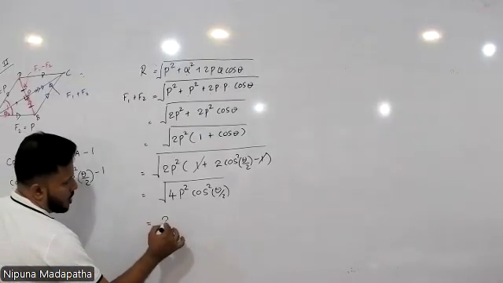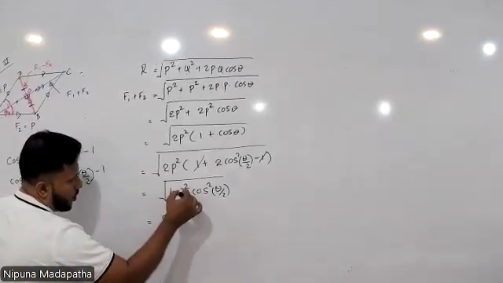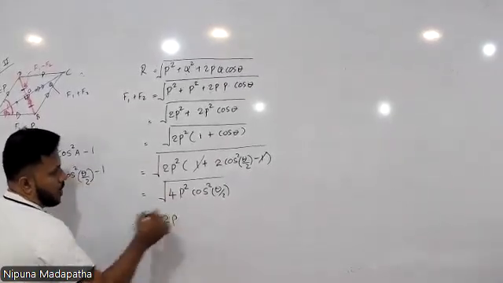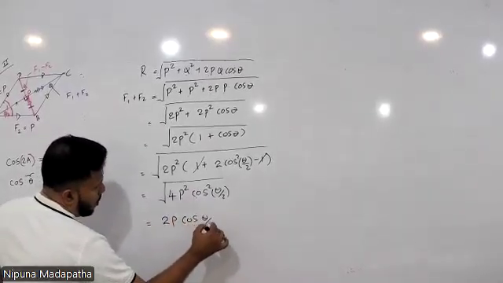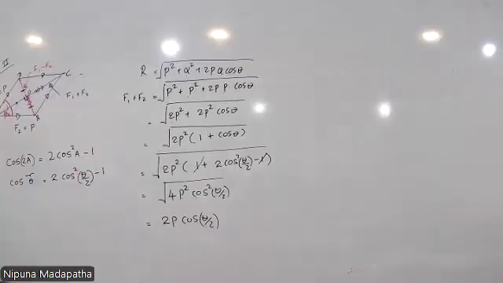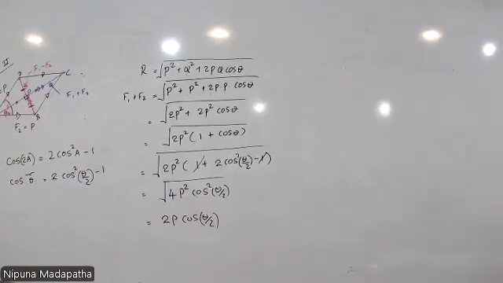The square root of 4 is 2, the square root of P squared is P, and the square root of cos squared theta over 2 is cos theta over 2. Alright. Now try to get F1 minus F2.